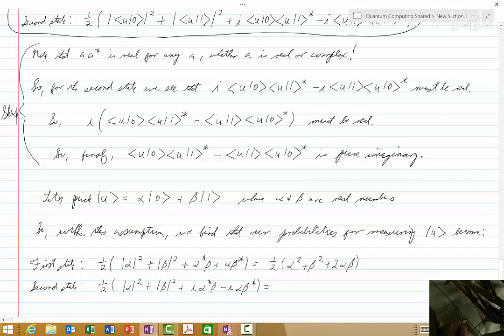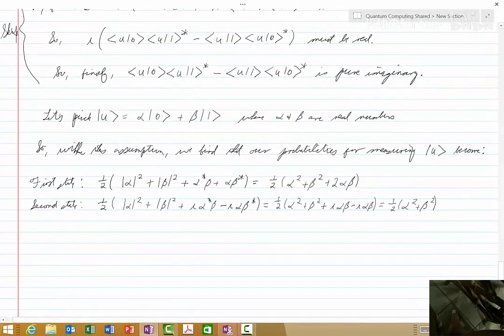But again, since alpha and beta are both real, this would become 1/2 of alpha squared plus beta squared plus I alpha beta minus I alpha beta, and this would simply then be 1/2 of alpha squared plus beta squared. And therefore, we see that, in fact, we can pick.